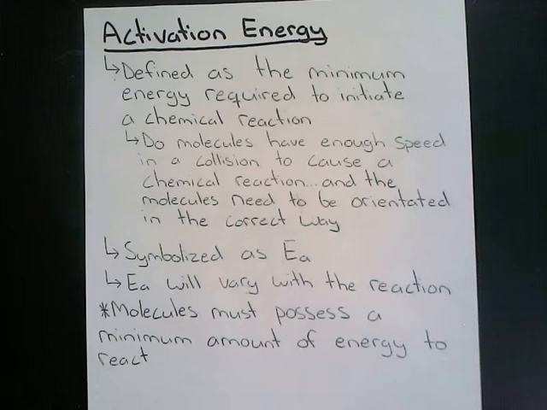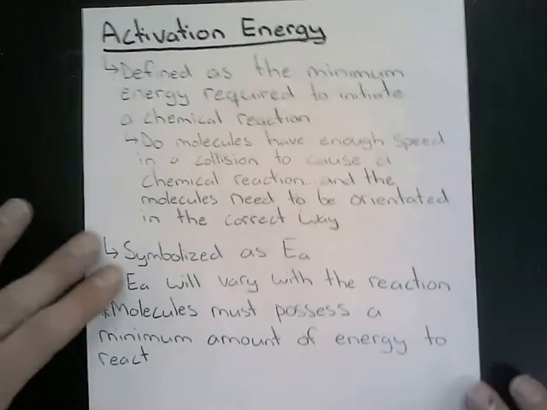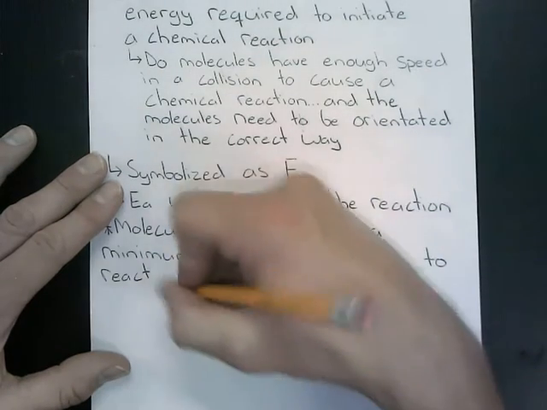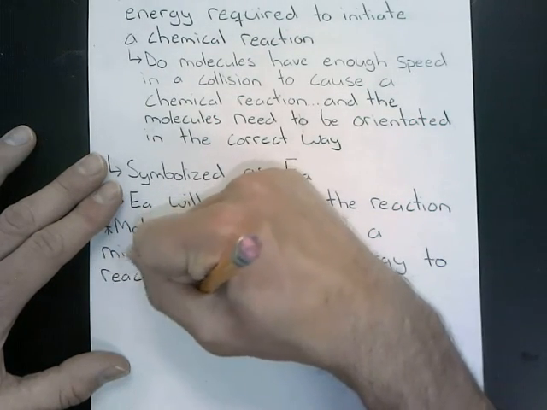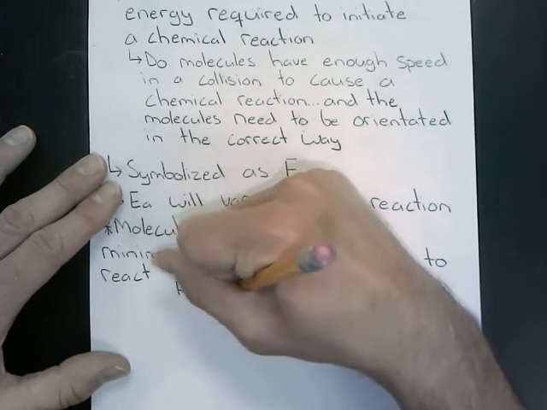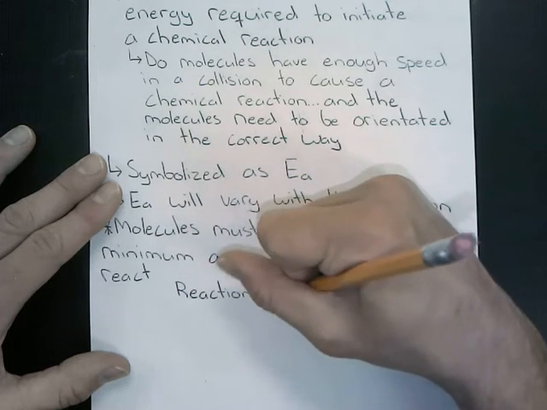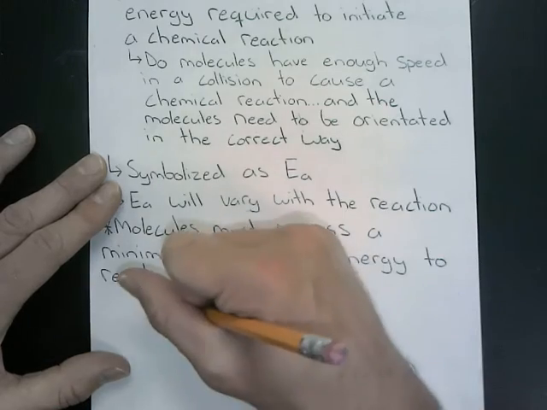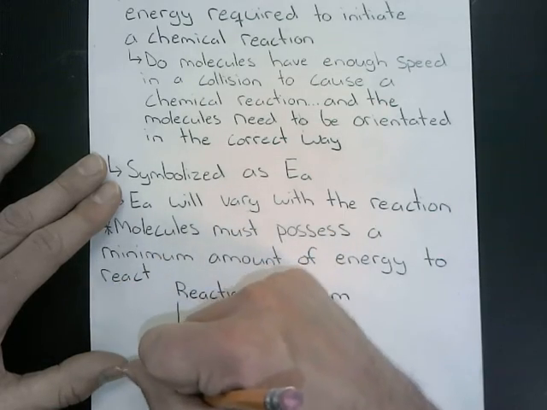Now, how we identify the activation energy is through what we have as a reaction diagram. A reaction diagram has a few characteristics. Number one, it looks very similar to a graph.